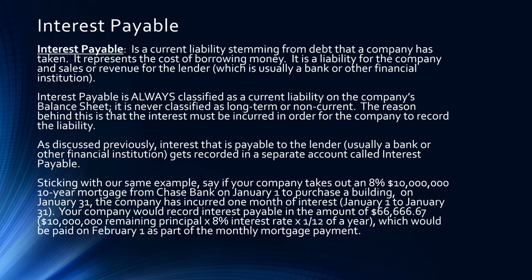And that is the $10 million remaining principal multiplied by the 8% interest rate, or expressed as 0.08, and multiplied again by 1/12 of a year. 1/12 of a year is the month of January, which represents 1 month. And that would be paid as part of the monthly mortgage payment.